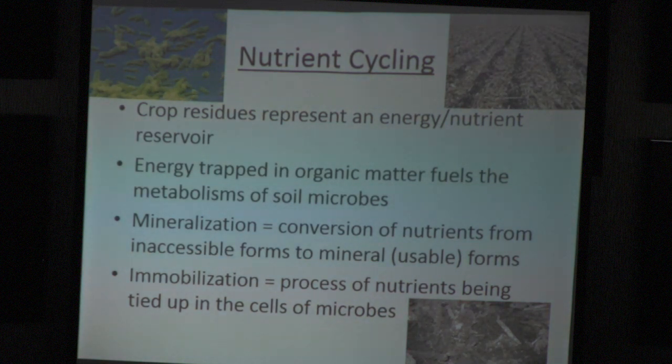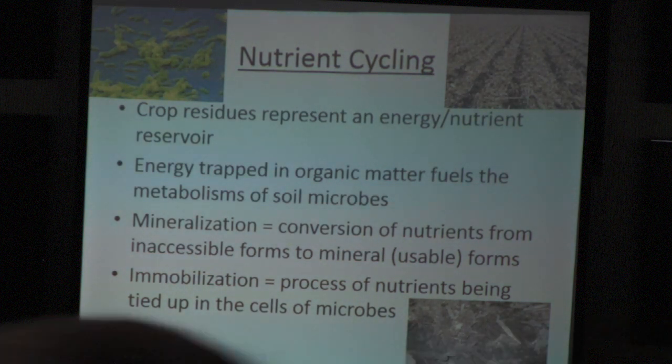And in order to break this down, you need soil microbes to actually process this. So this is literally energy trapped until it's broken down by your microbes to be put back into your soil. It creates this reservoir so your next year's crop plants can actually access those nutrients for that life cycle.